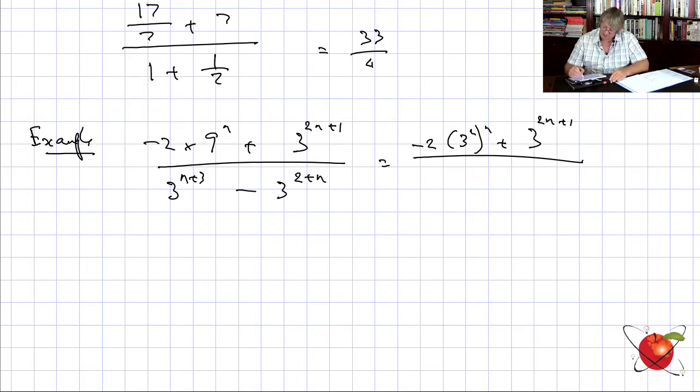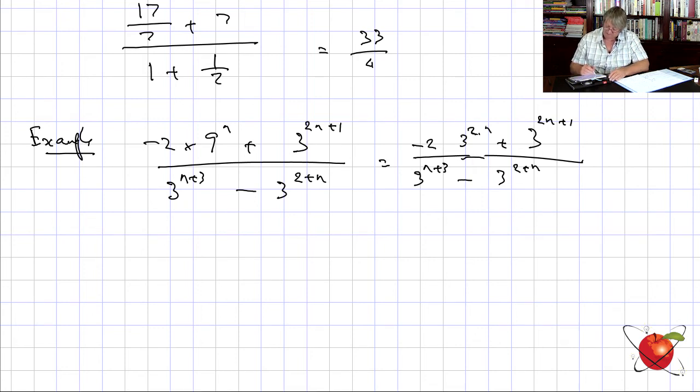Eh? And over at the bottom, we've got 3 to the n plus 3 minus 3 to the 2 plus n. Multiply the brackets out. That essentially just becomes, okay, I'm just going to basically erase them, just becomes 3 to the 2n, doesn't it? All right? Okay, happy with that?